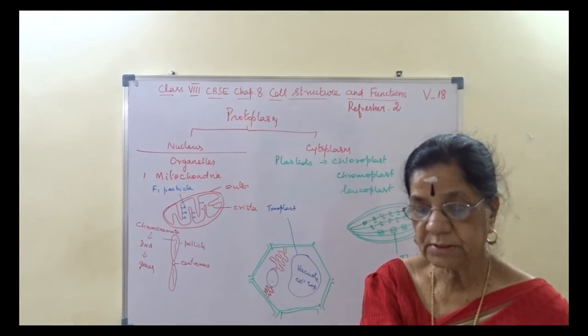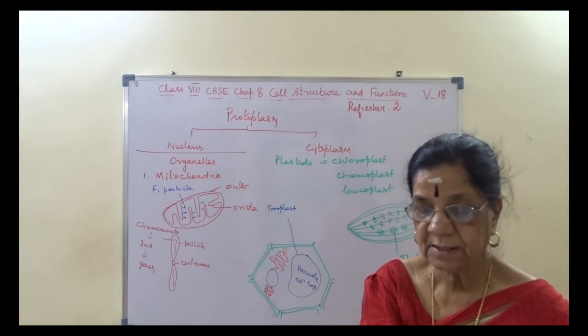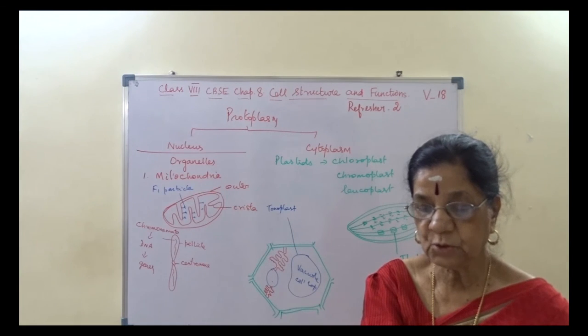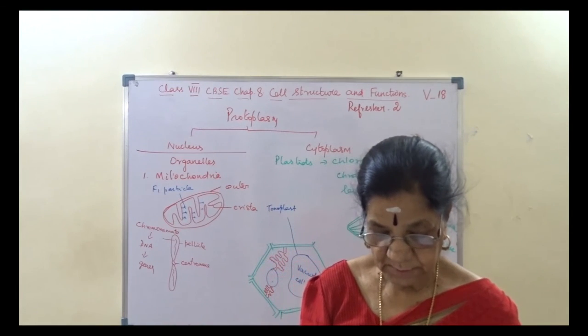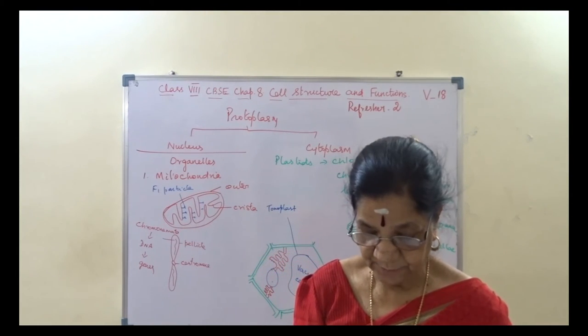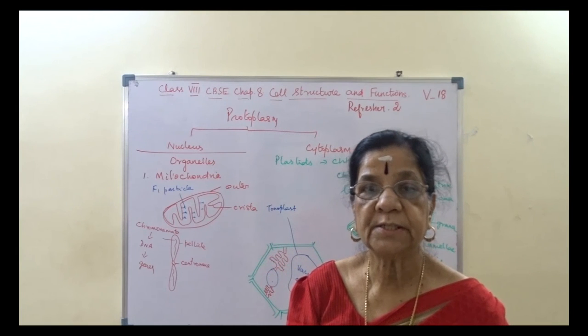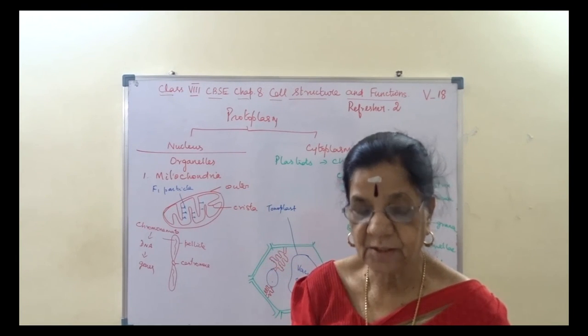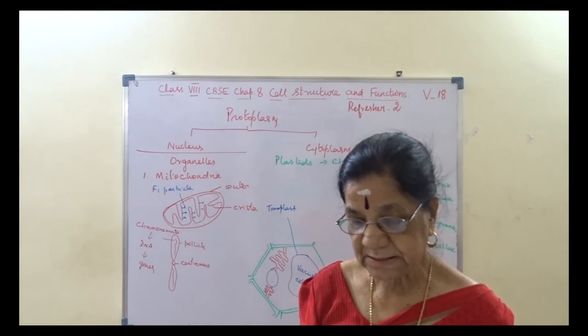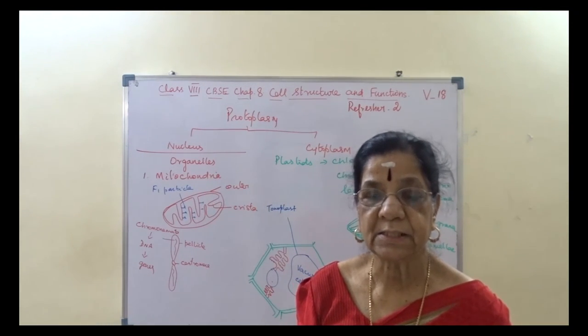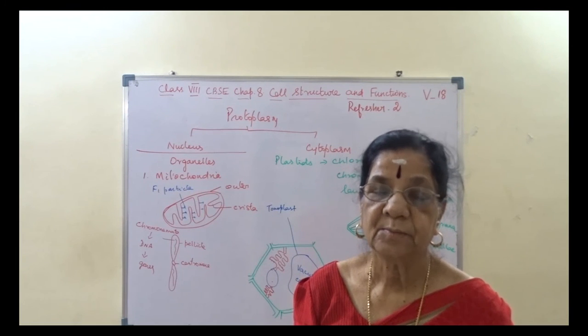And protozoa, unicellular algae and fungi have eukaryotic cells, and all plants and animals have eukaryotic cells. Protozoa, unicellular algae and bacteria are unicellular, and all other plants and higher animals are eukaryotic.